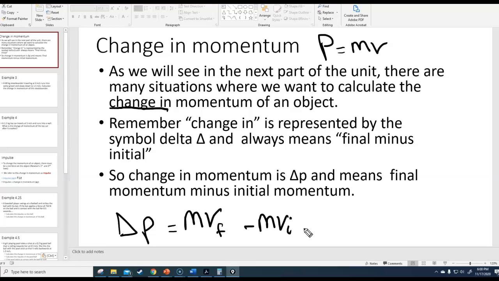So mv final would be the final momentum, and then mv initial would be the initial momentum. Okay, and so you see this in situations where an object is either speeding up or slowing down typically. Okay, so we're going to start off doing some basic calculations with change in momentum. Alright, so pause there, make sure you have that in your notes, and then we will move on.